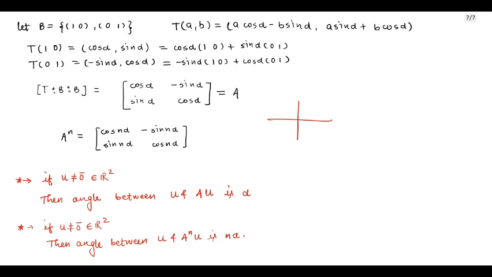If we say this is a transformation, you have some point u making some angle theta, and you operate with A, then you get Au, and this angle is alpha. If you operate a second time, you get A square u, and between Au and A square u the angle is again alpha. Then from the initial point to the end point you get the sum of angles.